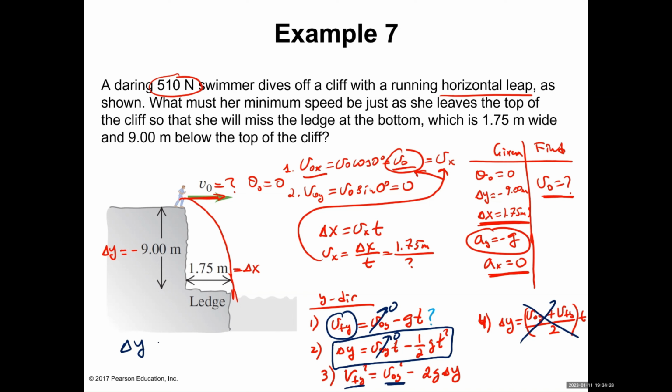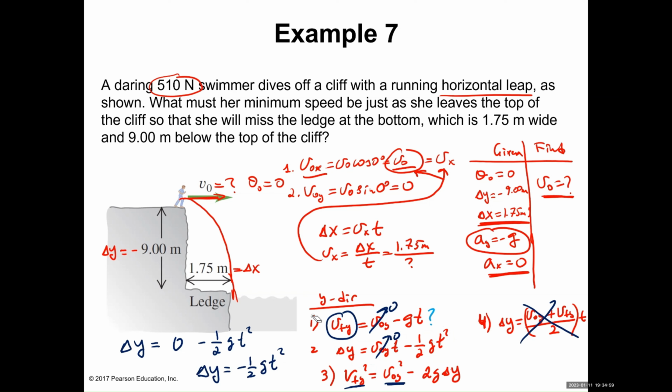Equation 2 tells me that delta y equals v initial y times time minus 1/2 gt squared. I can get rid of this term because initial vertical velocity for a horizontally launched projectile is 0. So this entire term is 0, and all I have here is delta y equals negative 1/2 gt squared. I can use this equation to solve for time.